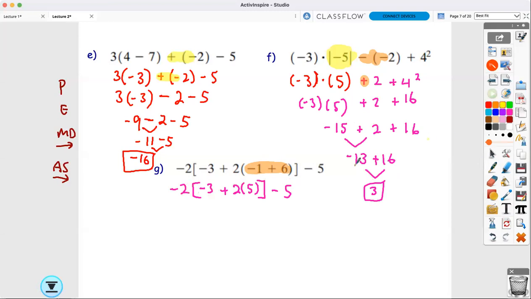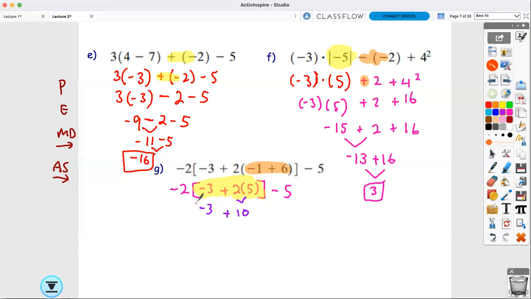Now our job is to simplify the brackets, this part here. So let's do it. How do we do that? To do that, 2 times 5 is 10.